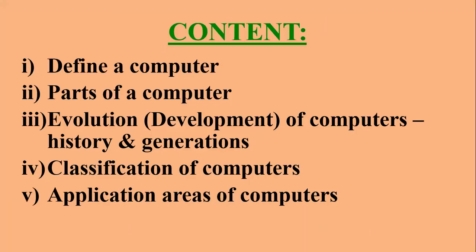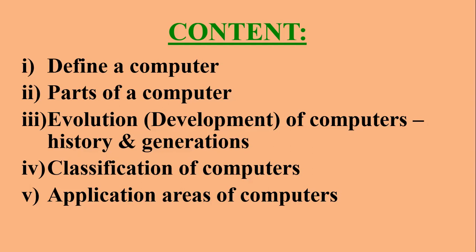In this topic, we are going to learn about the definition of a computer, the parts of a computer, the evolution or development of computers, in terms of the history of computers and the generations of computers.